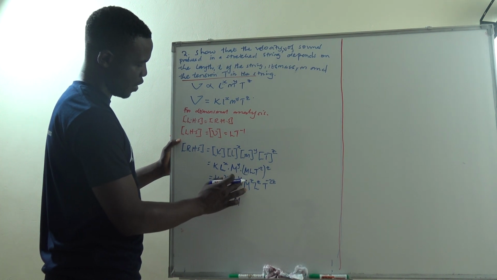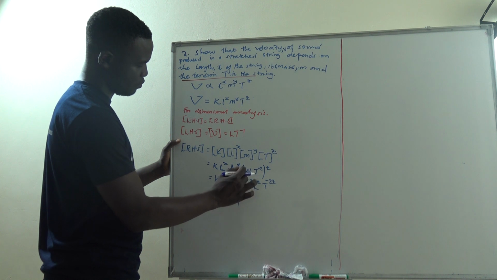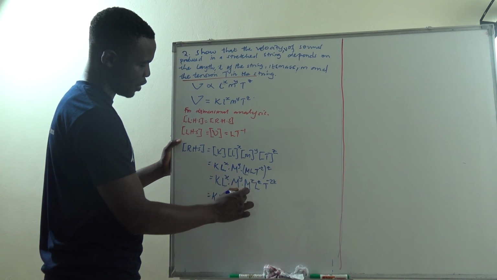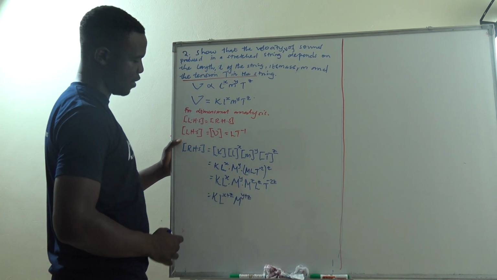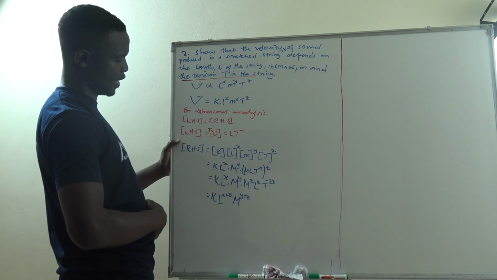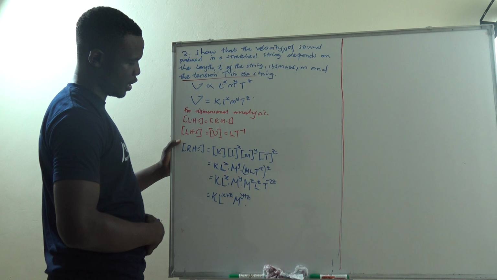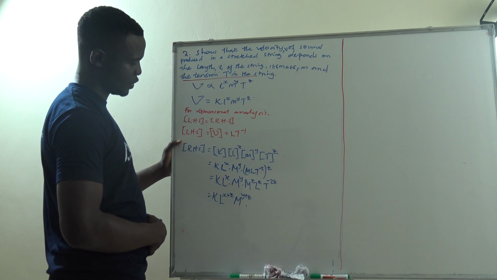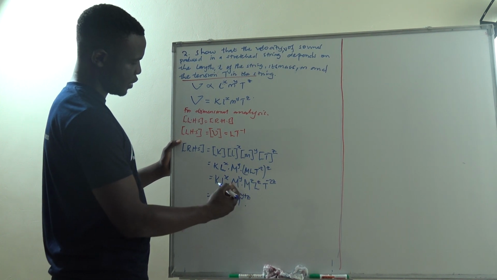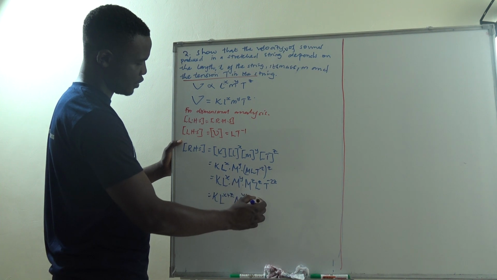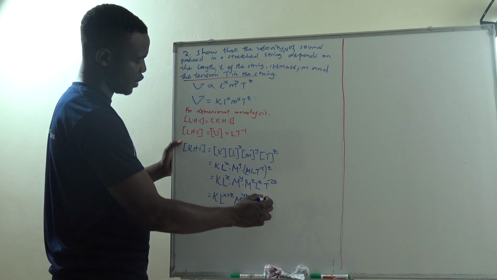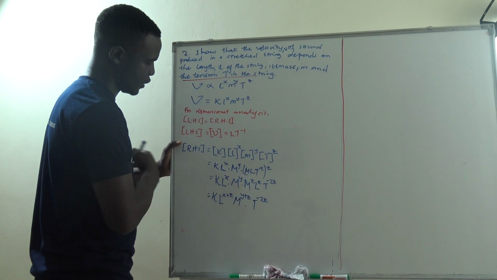This is M power y times M power z. We are going to add the powers so that we have M power y plus z. Now we are left with the time. We only have time once, so this will be t power negative 2z.